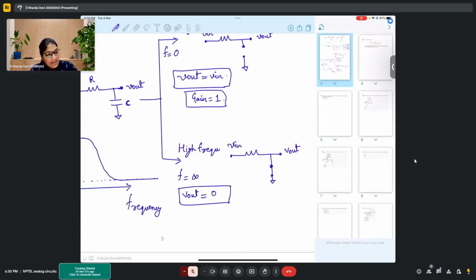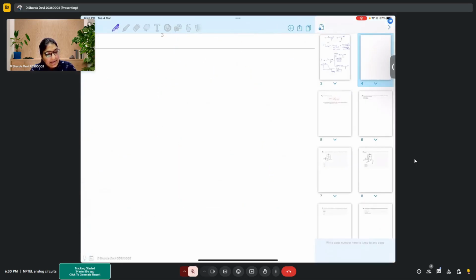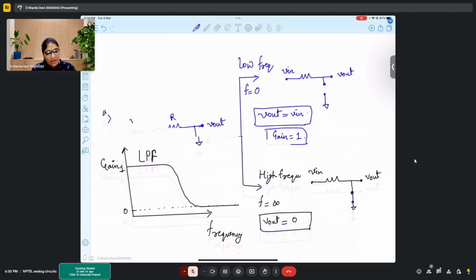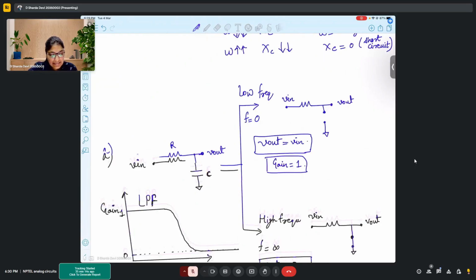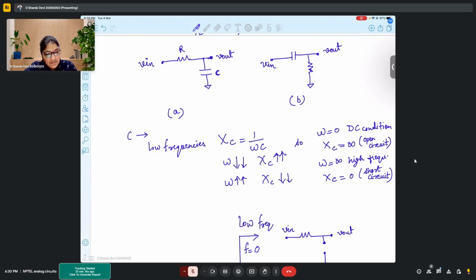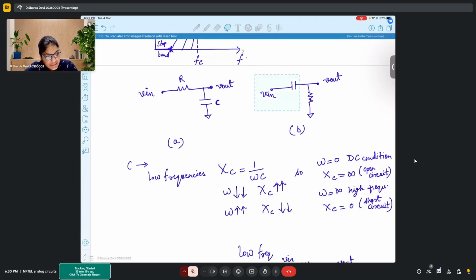Now, in a similar way, I drew two circuits, right? One was a resistor followed by a capacitor. Now, what if I draw a capacitor followed by a resistor circuit? And if we analyze this circuit, which is B, let's see how the behavior changes.